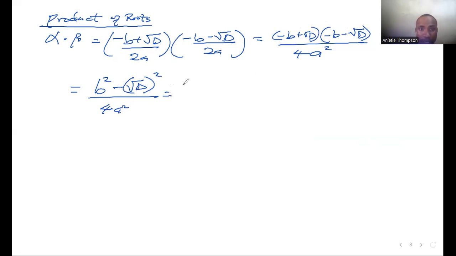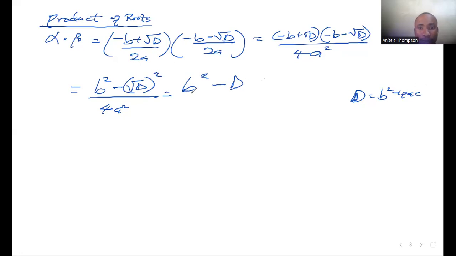And if you open that bracket, you will have b squared minus d. Remember, I said for simplicity, let's write that expression for d like d. So the d was equal to, don't forget, d is the same thing as b squared minus 4ac.